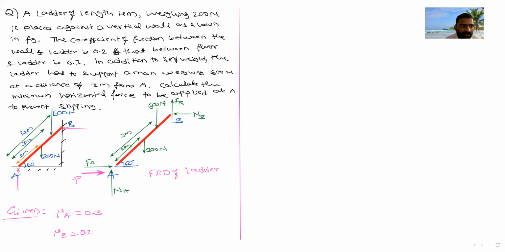In case your figure is like this, and this is the ladder, the normal reaction will be here and here. Always the normal reaction is perpendicular to the surface. This is the surface, normal reaction is perpendicular.